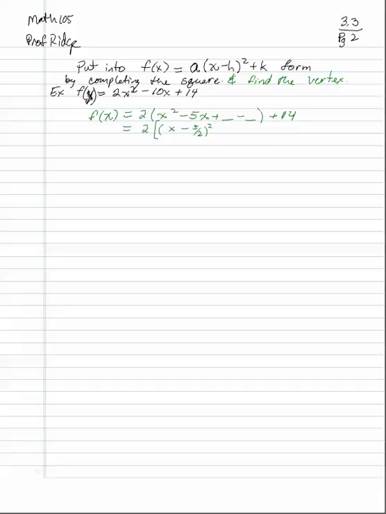Square it: 5 squared is 25 fourths. Subtract 25 fourths. The first three terms are the perfect square, (x - 5/2)^2, and then you've got the minus 25 fourths.